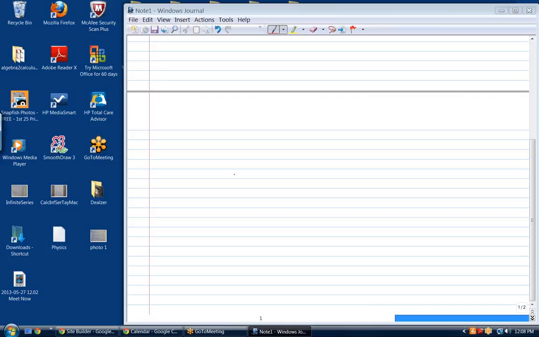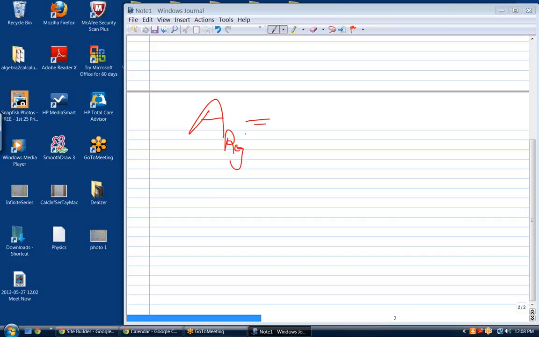All right, how do you find the area of a regular hexagon? And if the apothem was, say, 4.